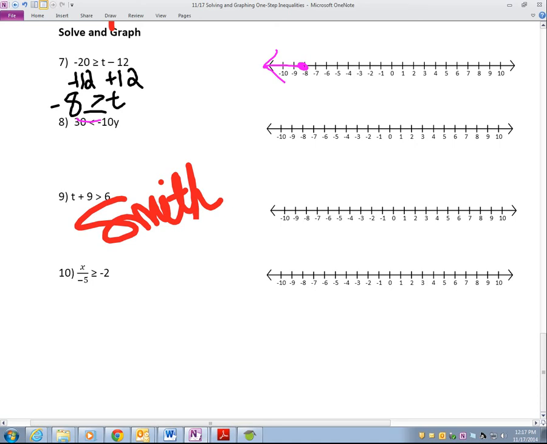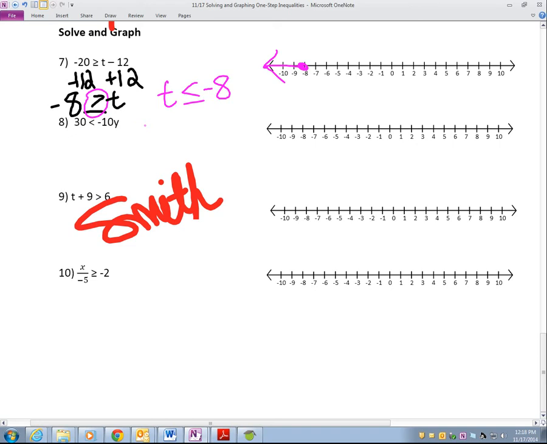T is less than or equal to. That's what you should have for that one, because this one would flip over to being t is less than or equal to negative 8. It's just flipping this to this side, flipping this to this side. I bet that's going to be the part that's the biggest error.